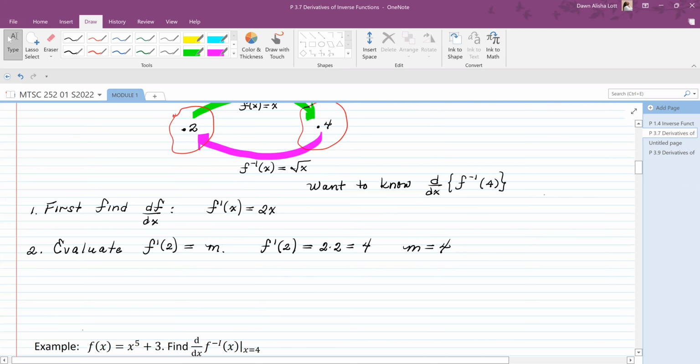And then the last step says that what I want, the derivative with respect to x of f inverse at 4, has to be 1 over m. So that's 1/4.